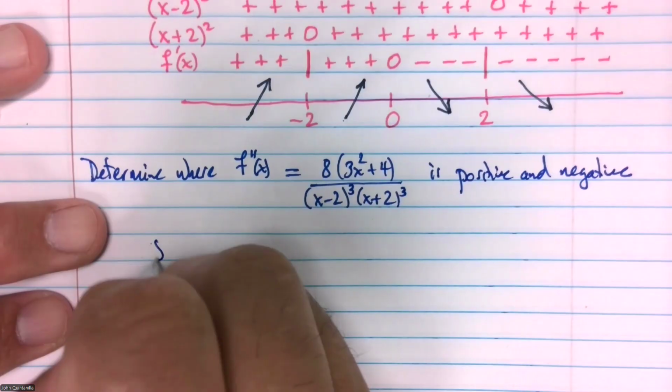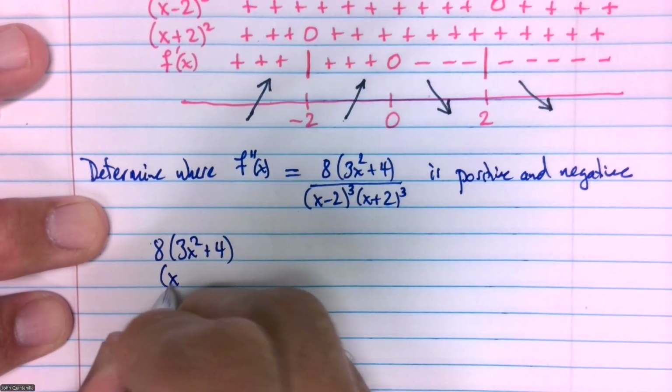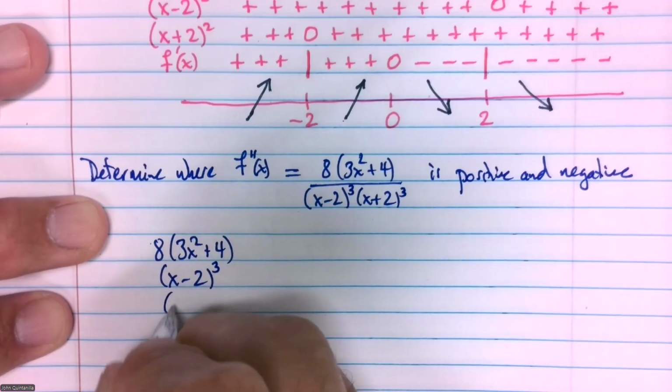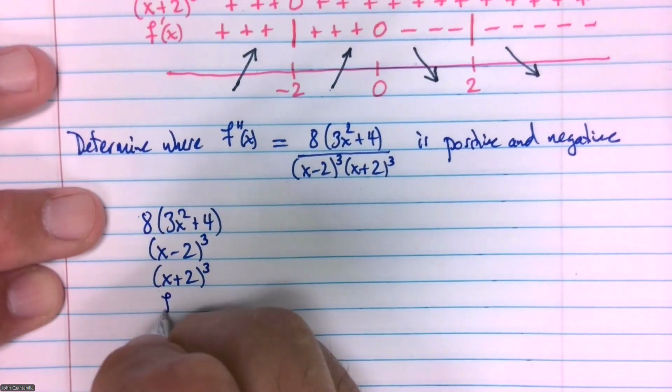So the parts of this are 8 times 3x squared plus 4, x minus 2 to the third, and x plus 2 to the third. Those combine to give me the second derivative.